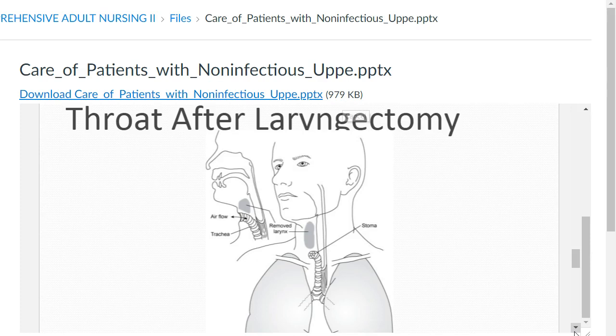If it really involves a lot of the nodes, they're going to do what we call a laryngectomy with a radical neck.